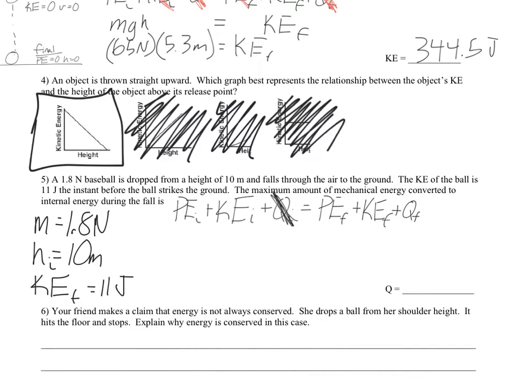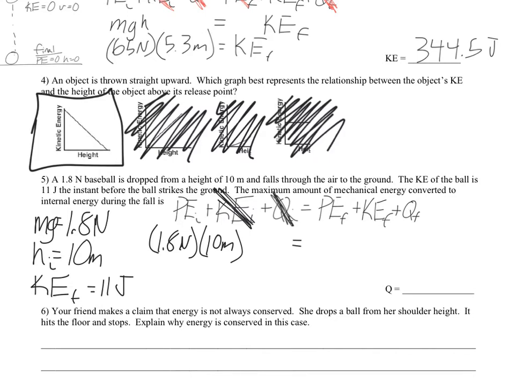So my initial potential energy is mgh. Sorry, because that's got to be mg there. That 1.8 newtons is mg, not just m. So my mg is going to be 1.8 newtons times my initial height of 10 meters. My initial kinetic energy is 0 because we can assume the ball starts at rest when it's dropped.